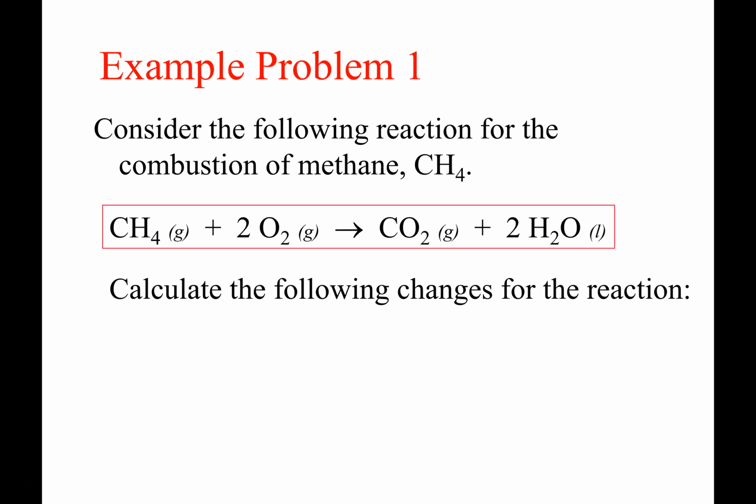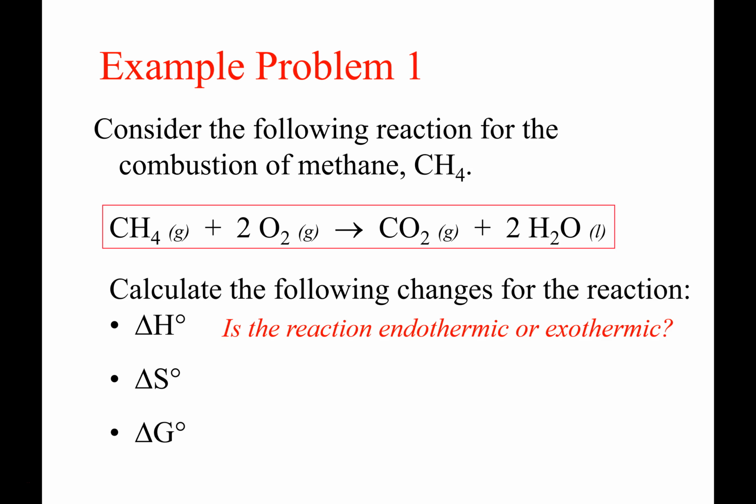Okay. So we can come up with some quantities here. We can come up with the change in enthalpy, the change in entropy, and once we have those two quantities, I'm pretty sure this is how we're going to work it, we can come up with the change in Gibbs free energy.